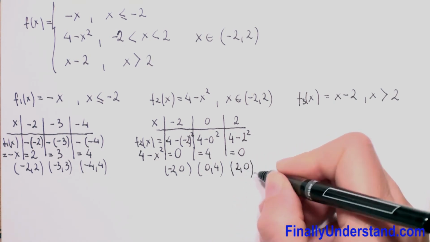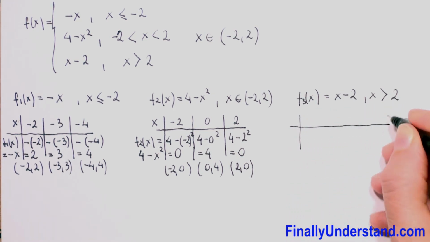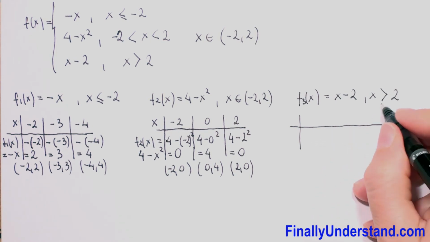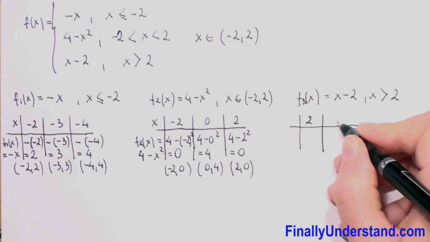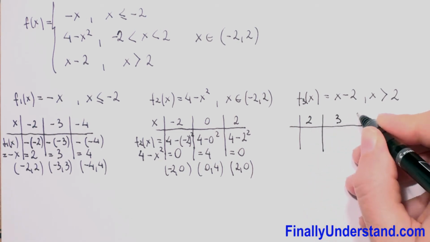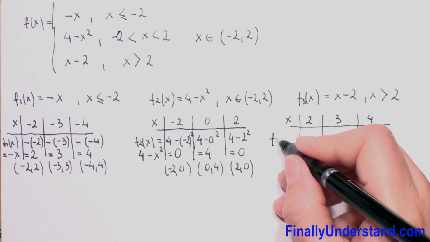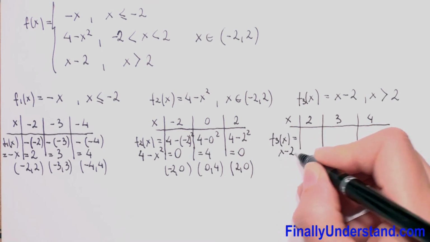And the third part, x belongs to the interval from 2 to positive infinity. Like before, I have to check what happens when x equals 2. Values greater than 2 will be 3 and 4. This is my x, and the value f of x is x minus 2.